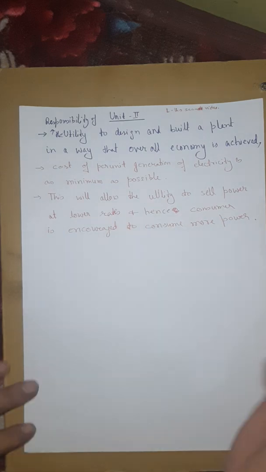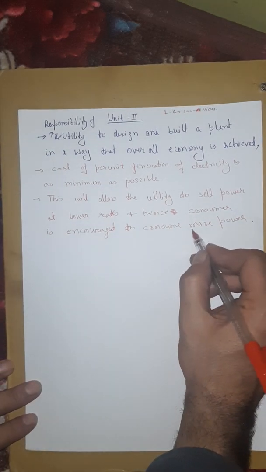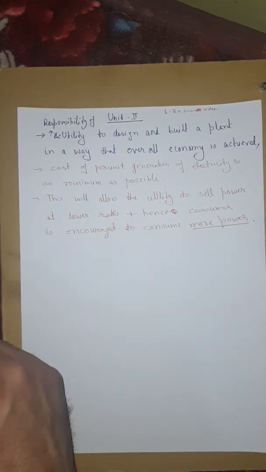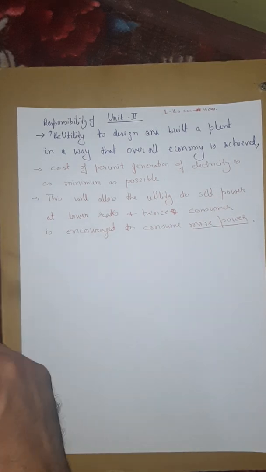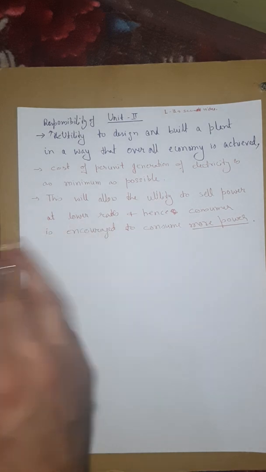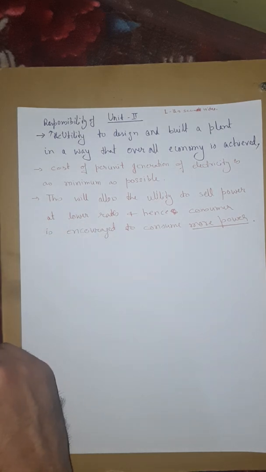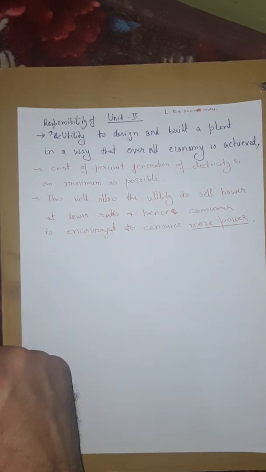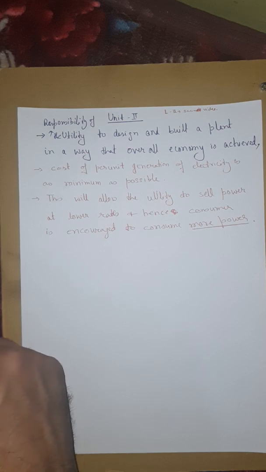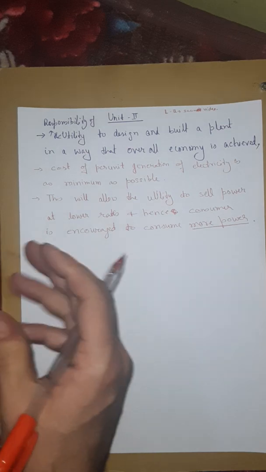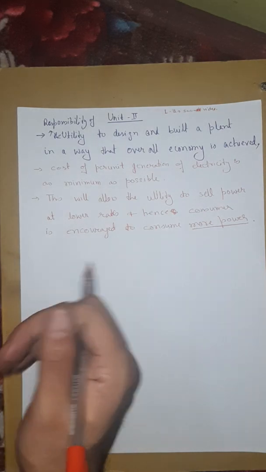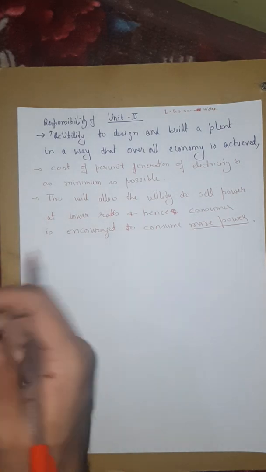Suppose you are getting electricity at 3.5 rupees per unit. So what you are doing, you are using a blower for heating during winters. But if the same unit is charged at, suppose, 1.5 rupees per unit, then maybe you will say, let's use AC, because the cost of electricity is reduced, so we will consume more power.